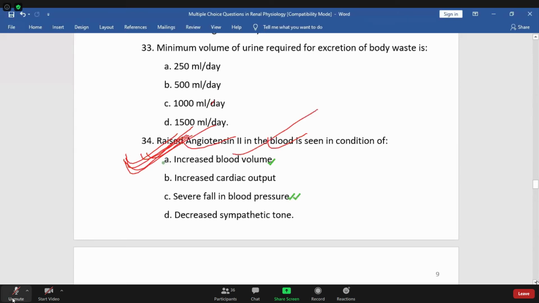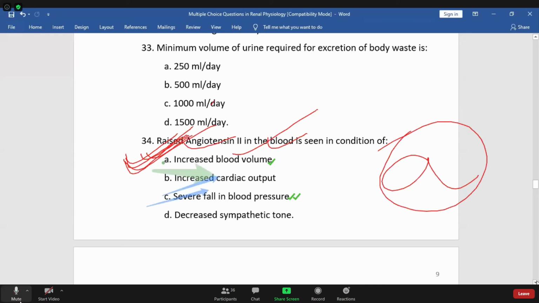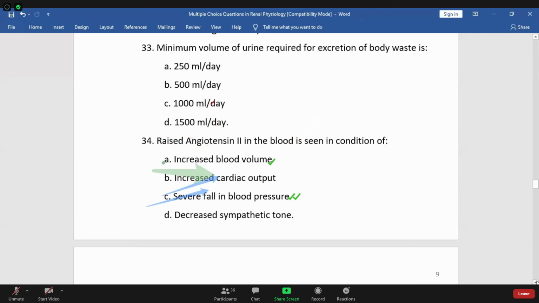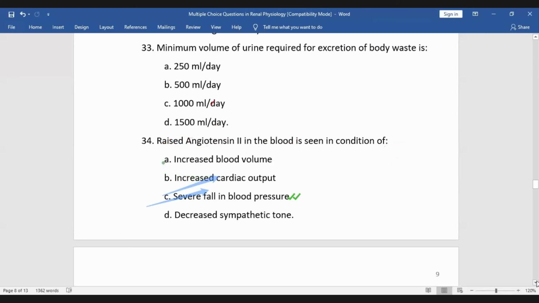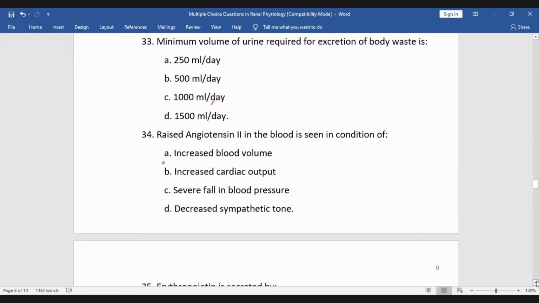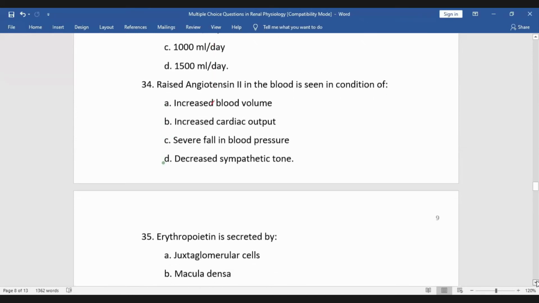Decreased blood pressure. Yes. A fall in blood pressure is the best stimulus for the secretion of angiotensin 2, and ultimately it causes a rise in the blood pressure. So it must be a severe fall in the blood pressure, not only the ordinary fall.